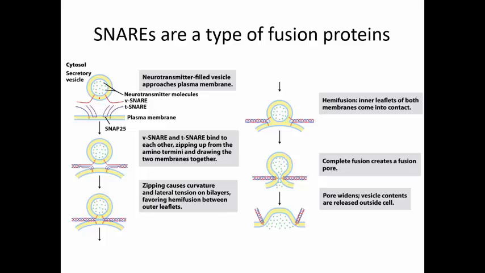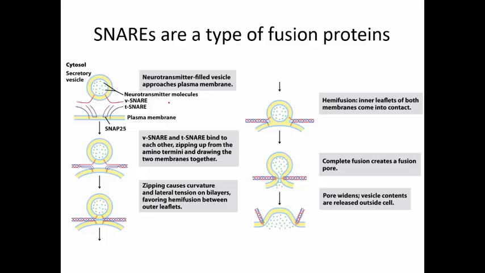And there are proteins both on the vesicle and on the membrane, and the vesicle ones are called V-SNAREs for vesicle. The membrane ones are called T-SNAREs, and I don't honestly remember what the T stands for at the moment. But these are proteins that when they're in contact with each other are going to form coiled coils and sort of wrap themselves around each other. And remember that proteins have cooperative binding.